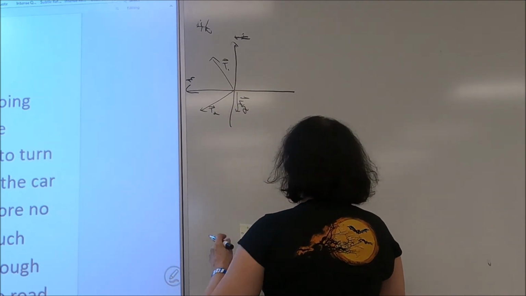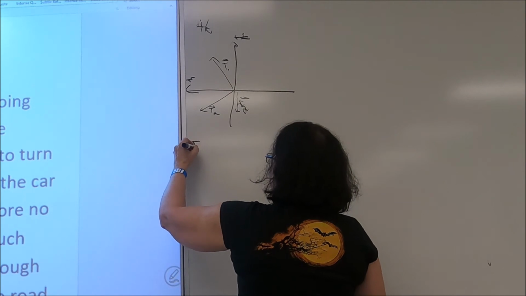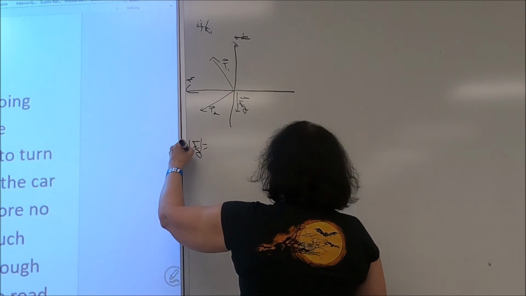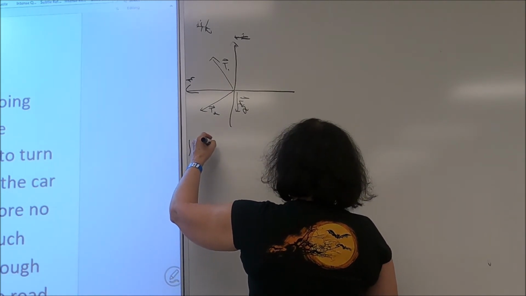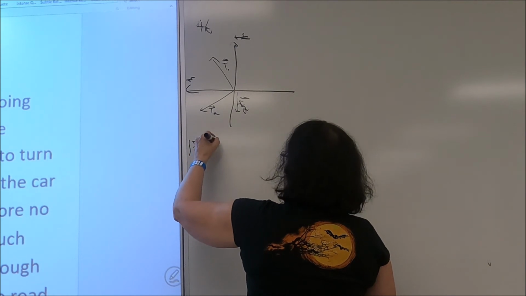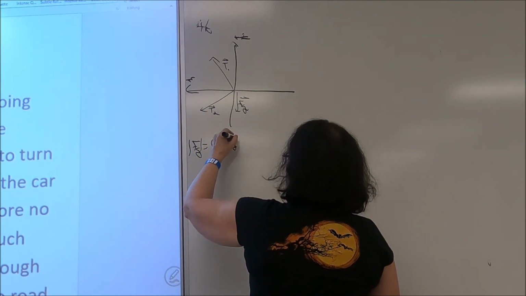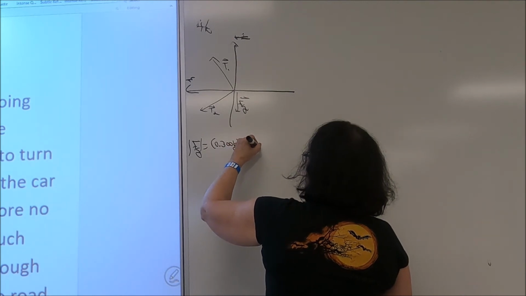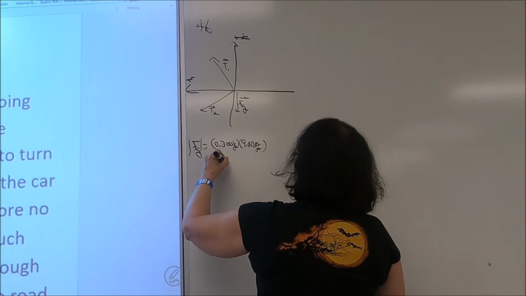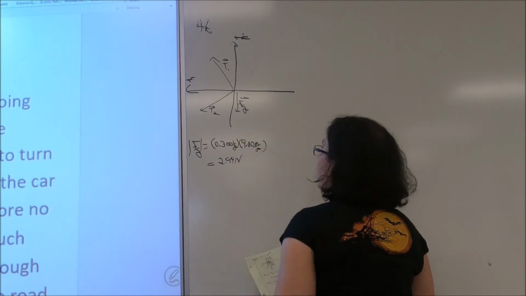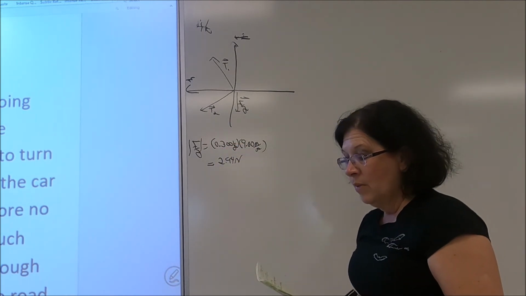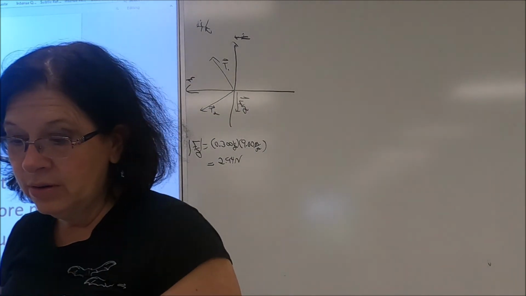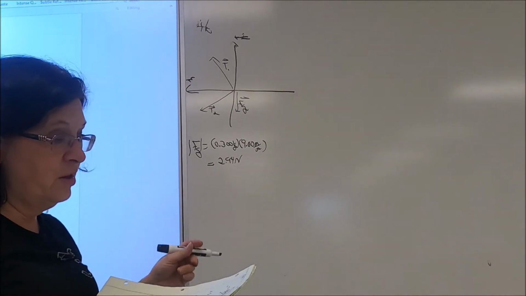Okay, now, force due to gravity in magnitude is going to be 0.300 kilograms times 9.80 meters per second squared. So it's 2.94 newtons.